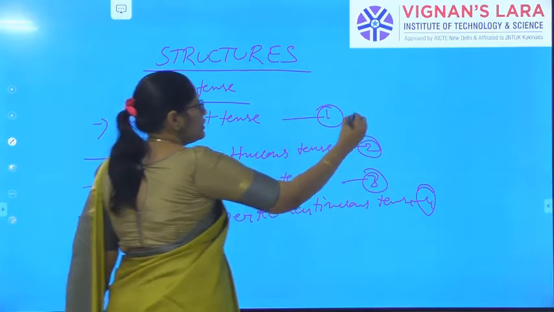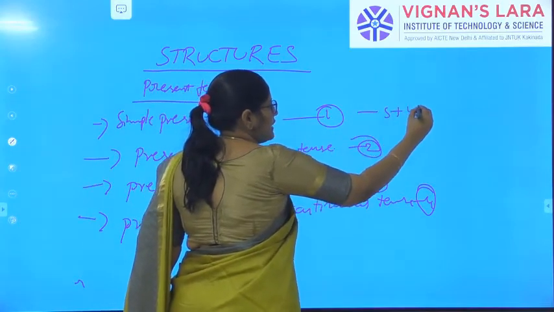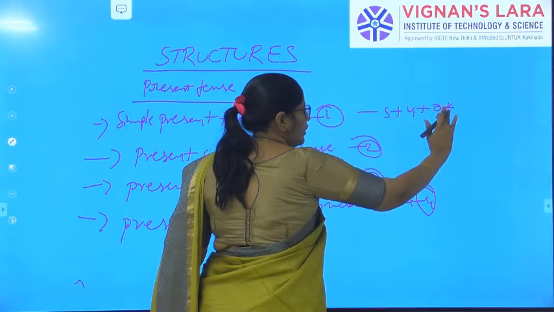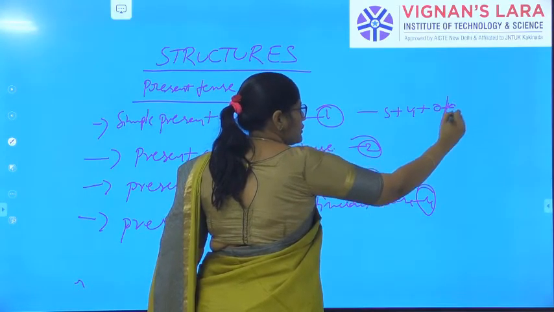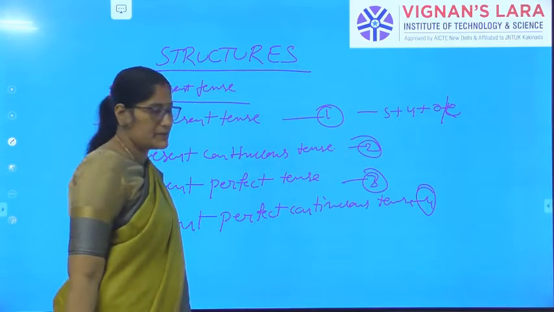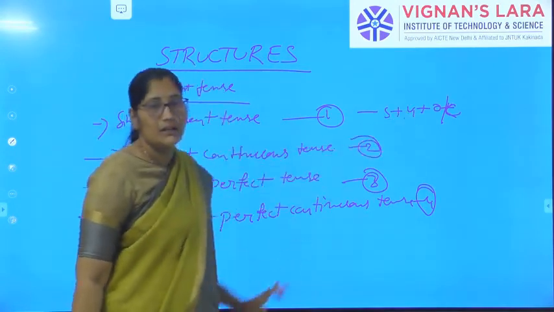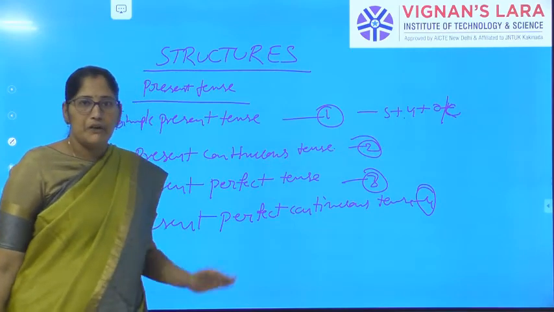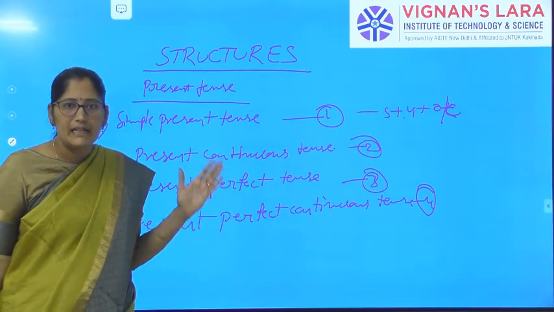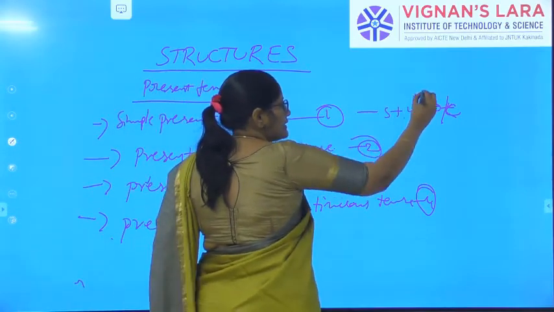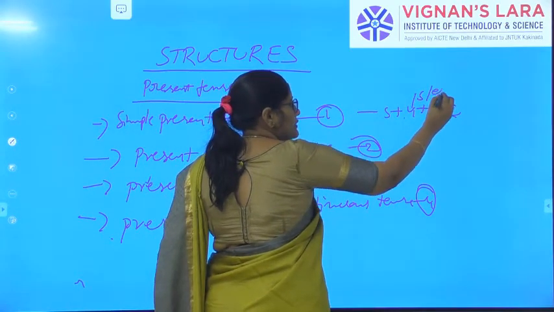Thus, we can know: subject plus V1 plus object or complement. That would be the simple present tense. And the thing you have to keep in mind is the verb place. For example, if the subject is third person singular in simple present tense, we add s or es to the main verb.